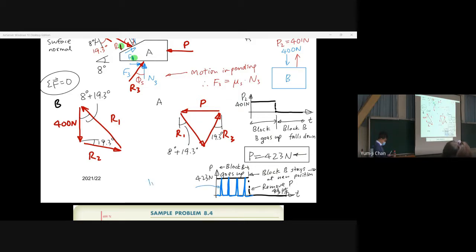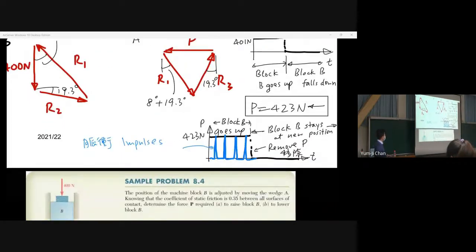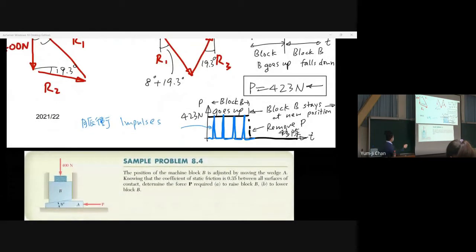We call them impulses. And actually, we use a hammer to hit block A to give forces higher than 423 newtons for a short time. Then it will go up and up and up by small steps. Okay.